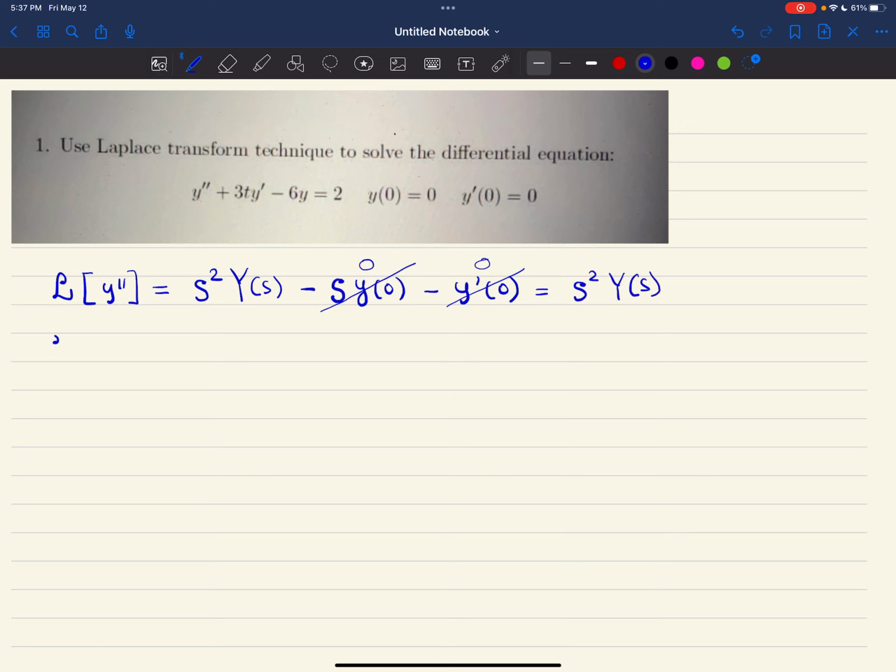Let's take the Laplace of positive 3ty prime, okay? So what you could do is just pull out the 3t.